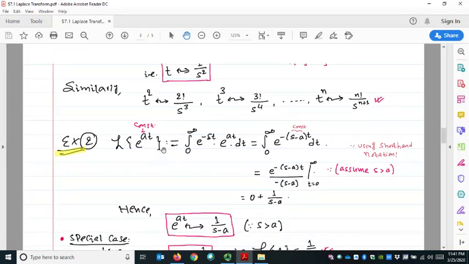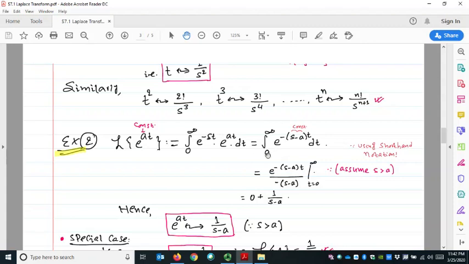The Laplace transform of e to the power at equals the improper integral from 0 to infinity, where the multiplier is e to the power negative st times this function itself times dt. Then I need to multiply these two functions.